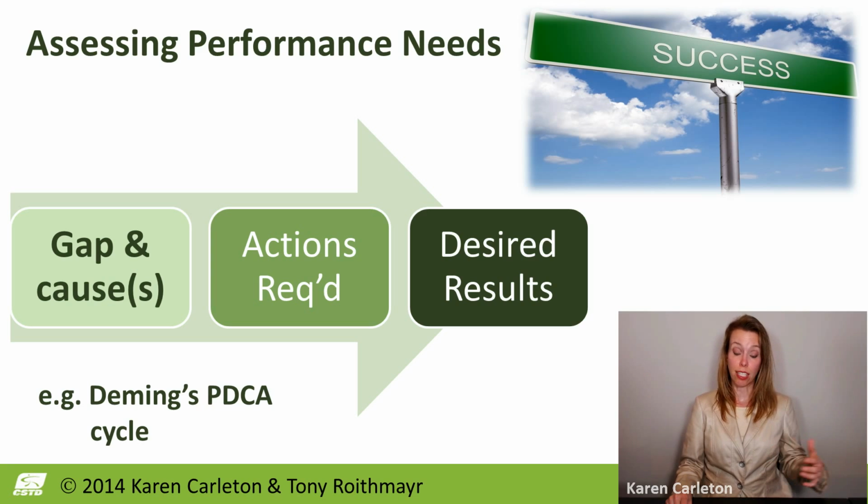It's also very systemic or big picture oriented, because we want to find out the gap between the current and the desired results in order to close them and figure out which are the best recommended actions to get us there. Some of you might be familiar with Deming's Plan, Do, Check, Act cycle, which provides a nice systematic way of analyzing what has been done, what are the results, and then changing accordingly.